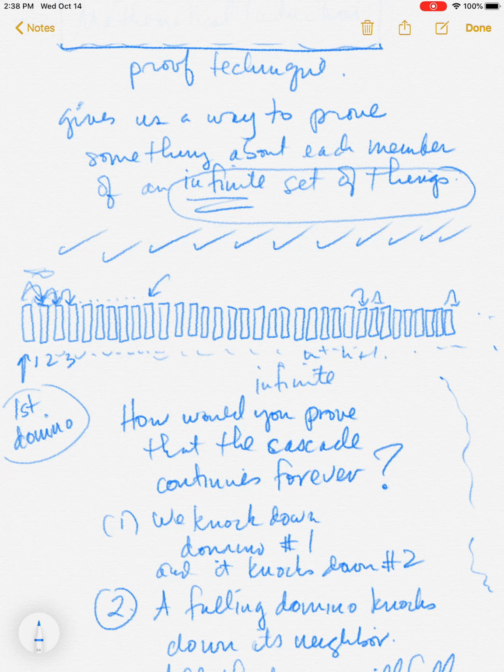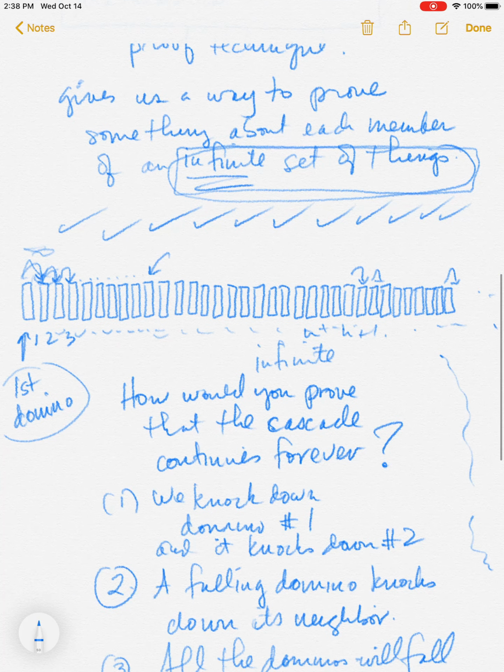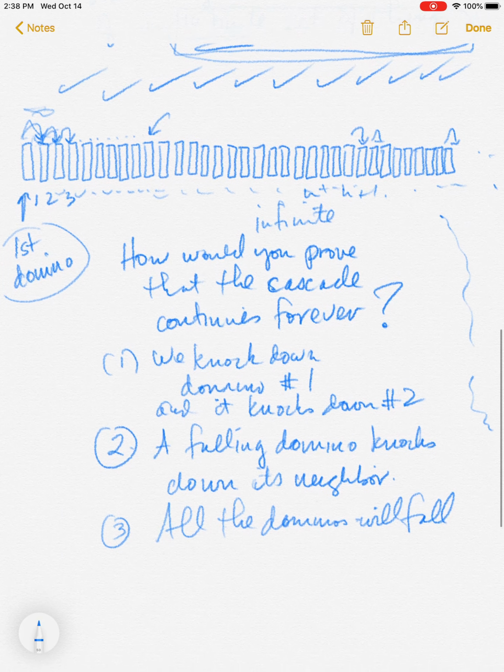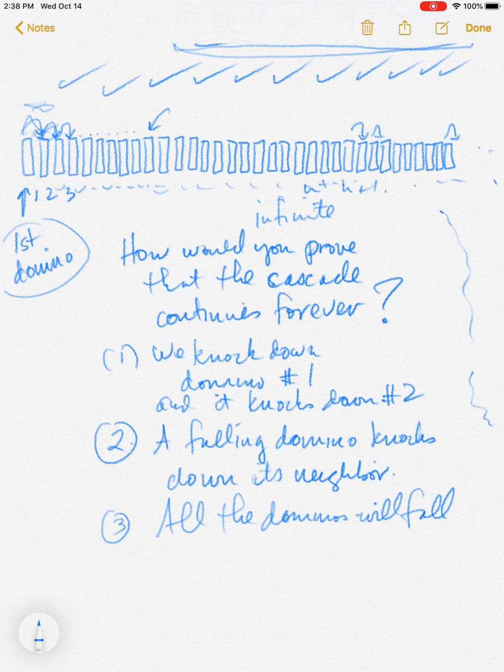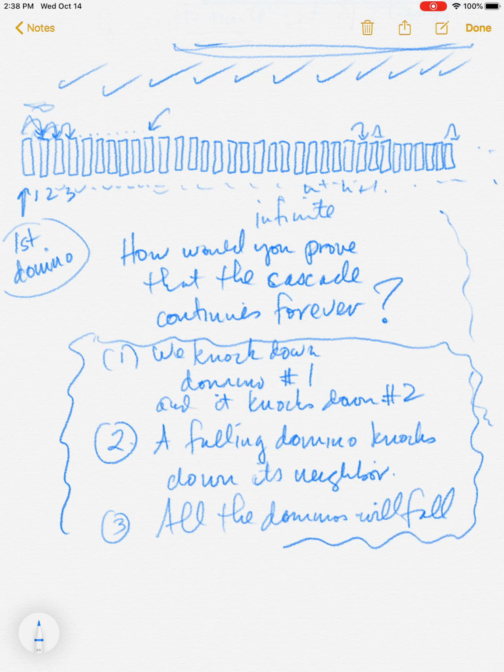That's the kind of infinite set that we're going to be talking about that can be ordered. So we can talk about the first member of the set, the second member of the set, and so on. Okay, so how can we capitalize on this? I'm hoping you're sharing this intuition, and you say, yeah, this kind of reasoning captures why I think the cascade is going to go on forever.